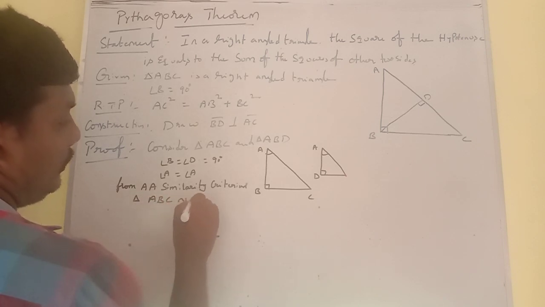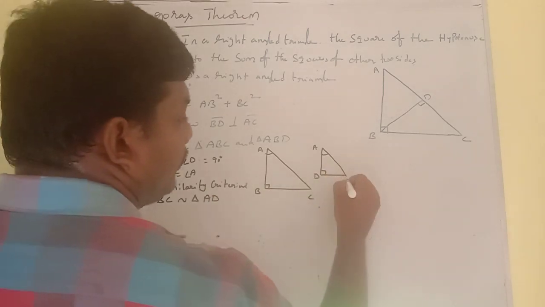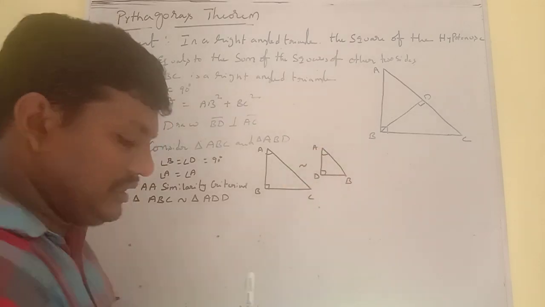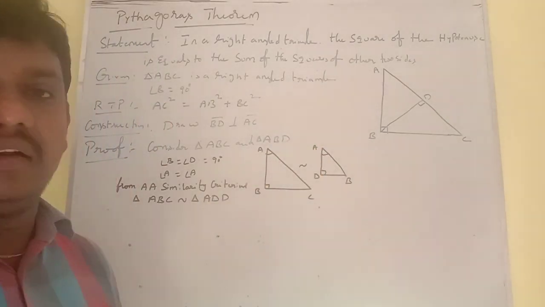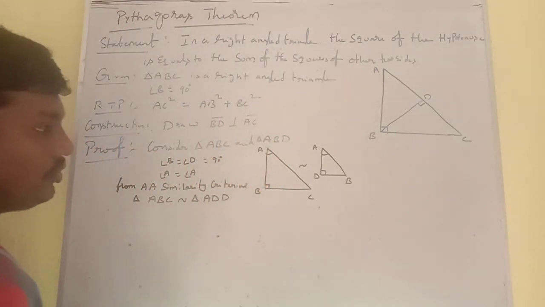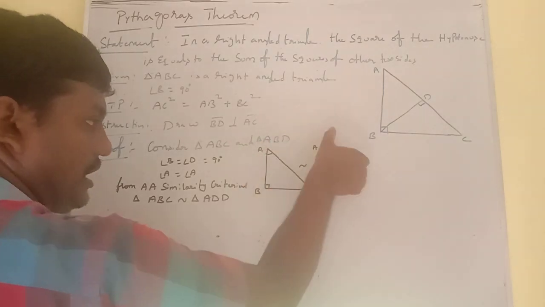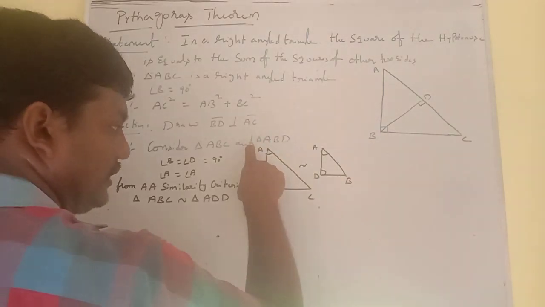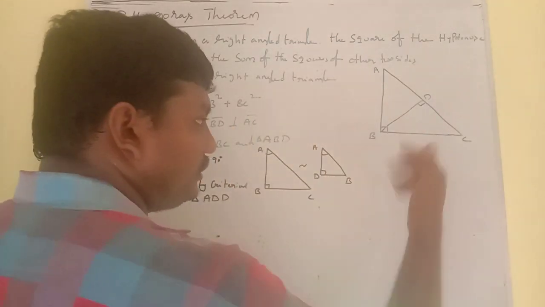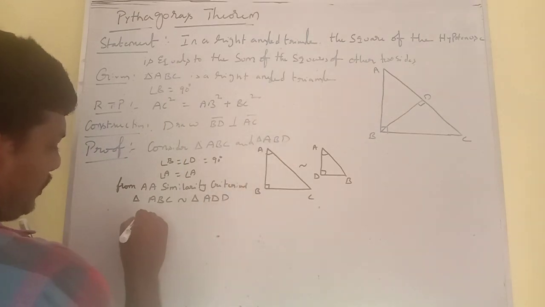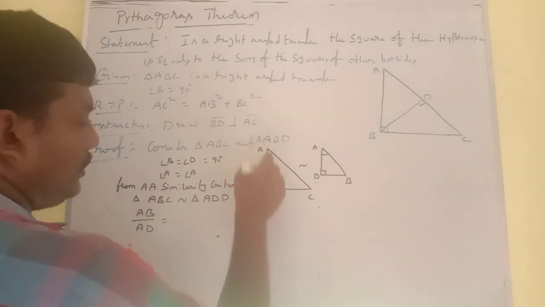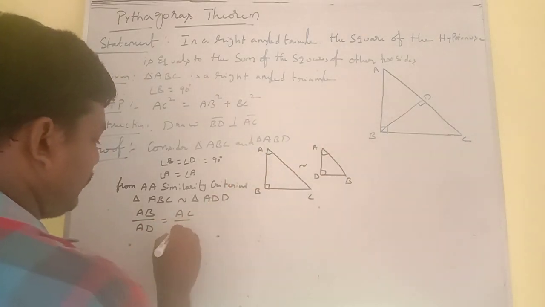triangle ABC is similar to triangle ADB. These two triangles are similar. When these two triangles are similar, the corresponding sides are proportional, in the same ratio. Here we consider the ratio of the side opposite and the hypotenuse. So AB by AD is equal to AC by AB.